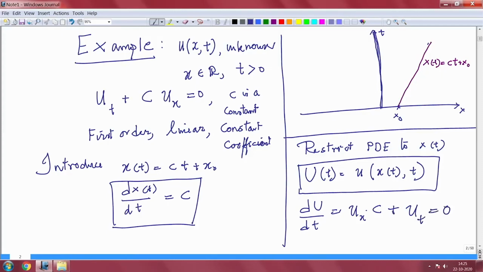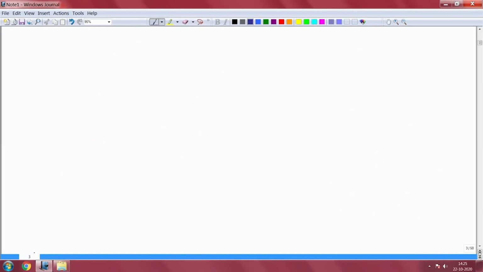That implies du by dt equal to 0, that implies u(t) is a constant along the line x(t). That is what you got.